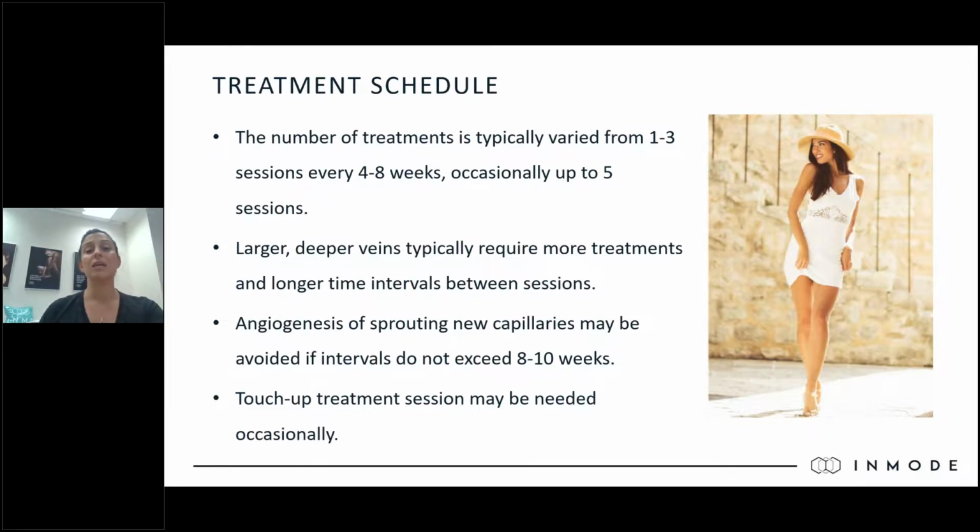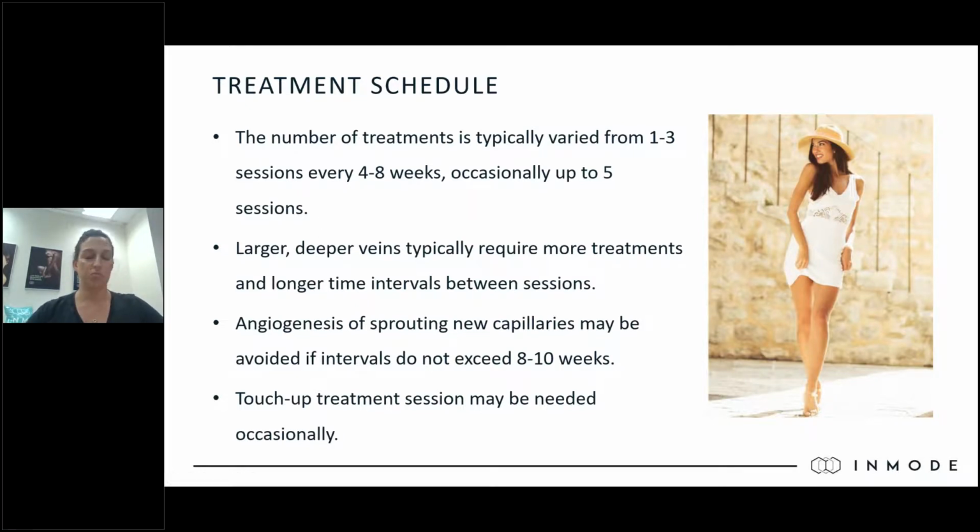So for the initial treatment, normally 1, 3, up to 5 sessions may be needed, depending on the indication, the area size that we're treating, and so forth. Normally, about a month between one session and the next is a good time. You may prolong that time. It's not to say that something will go wrong, but you don't have to wait 8 weeks. Normally 4 weeks is enough.